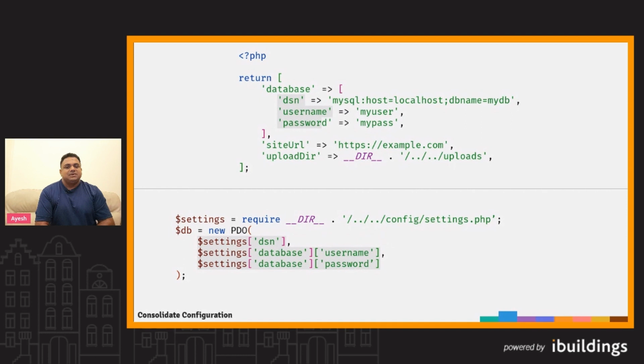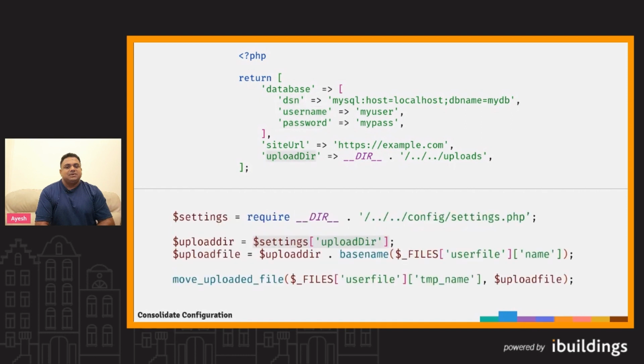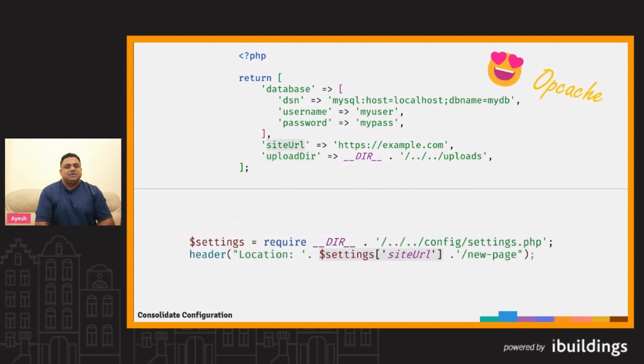So we go through everything. For example, we had the upload directory that had var/uploads baked in. Now we use a dynamic variable, so it's very easy to change. And the same goes here.